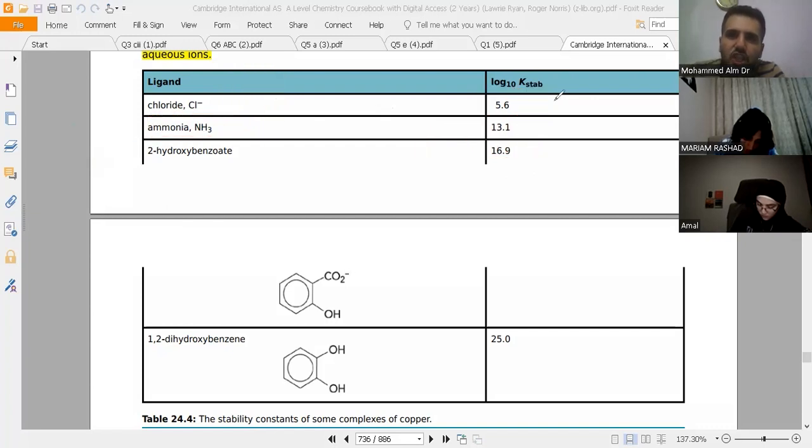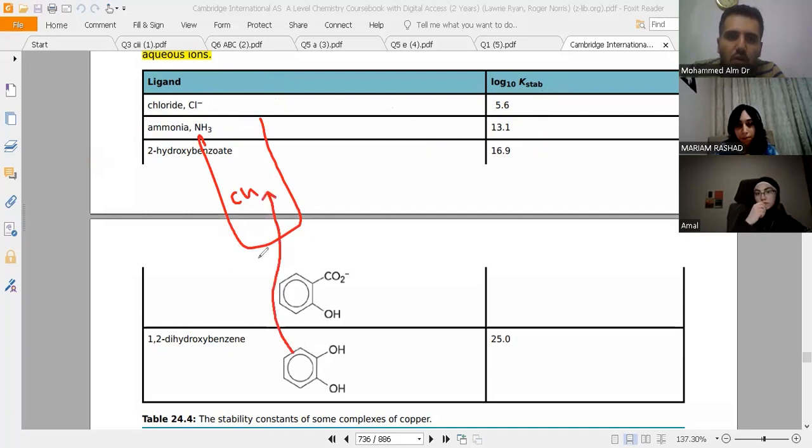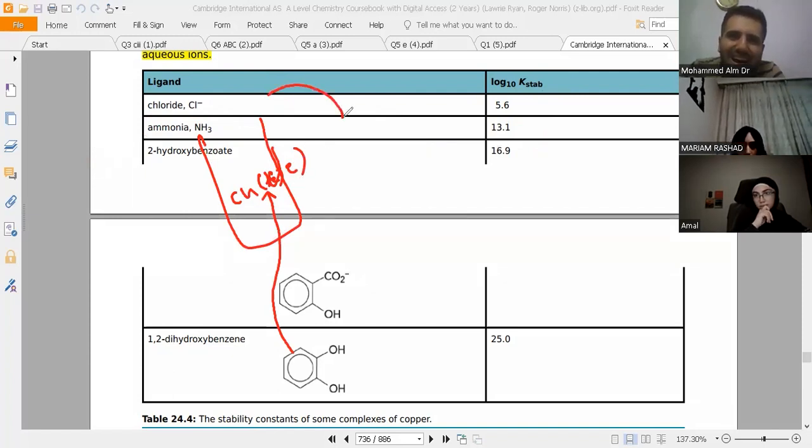Let me change the question. Now, I have, guys, a solution that has a complex, let me say, Cu, and the ligand was this. I will call it Te, or I will call it DH. Up to me. Call it anything. And to this one, we are adding NH3.